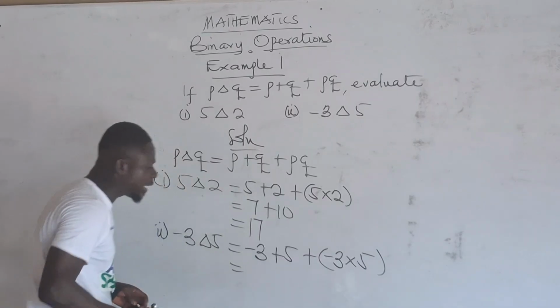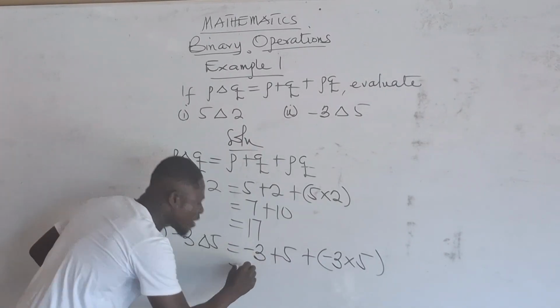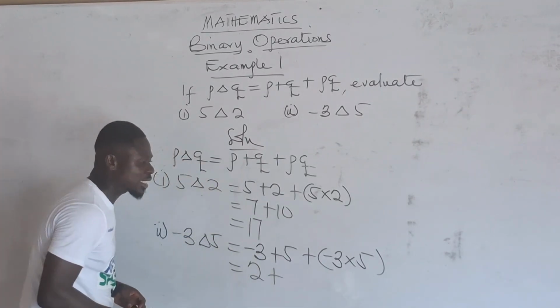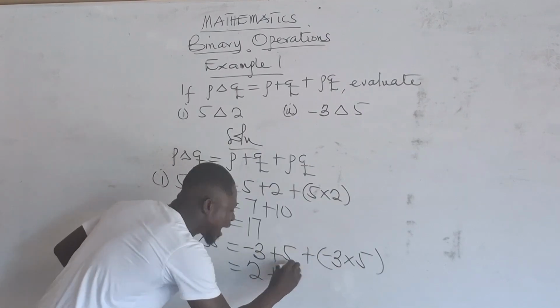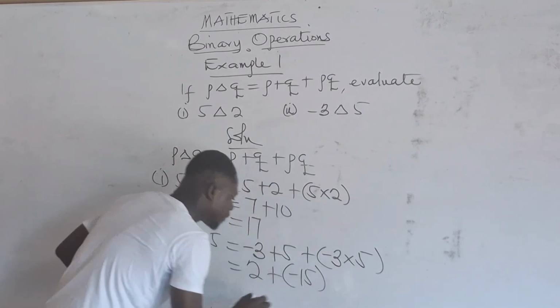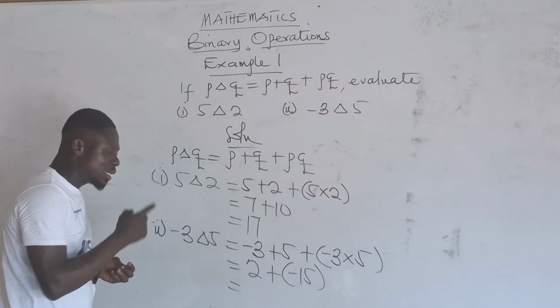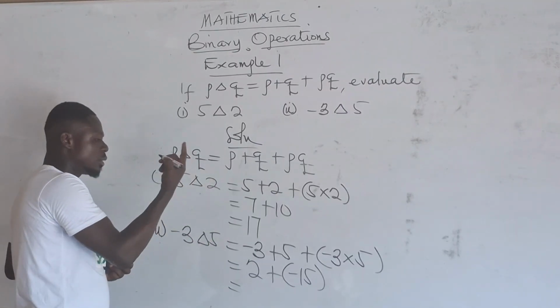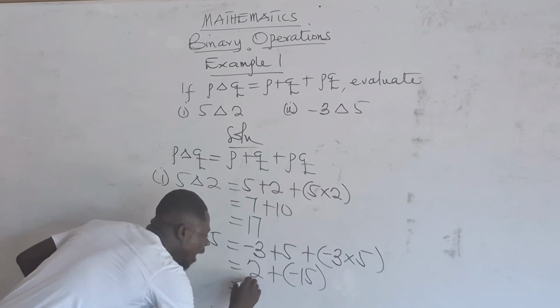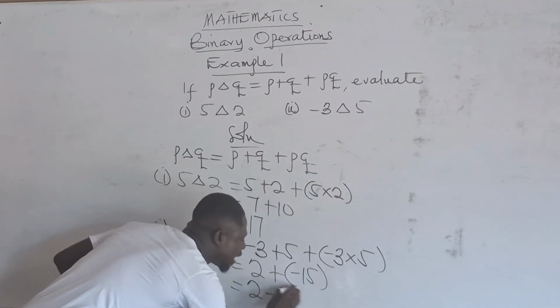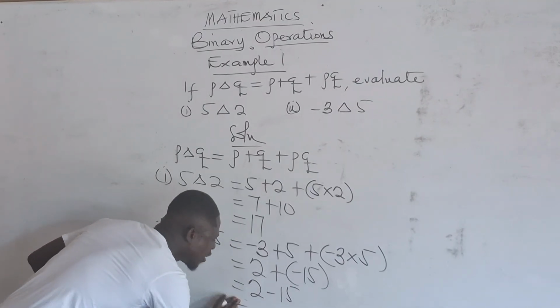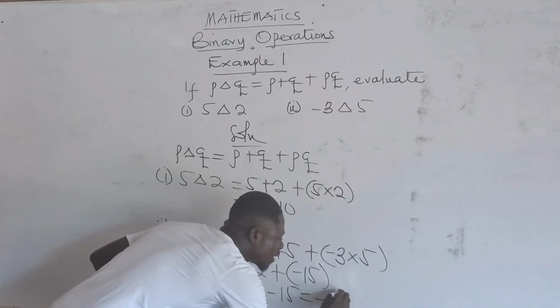Let's simplify and see. -3 plus 5 will be 2, plus -3 times 5 will be -15. When plus and minus meet like this, the minus will take over. So we are going to have 2 minus 15. And simplifying this, we will have -13.